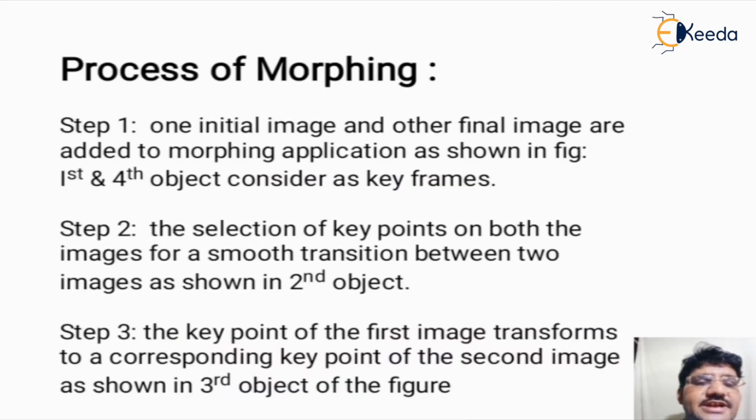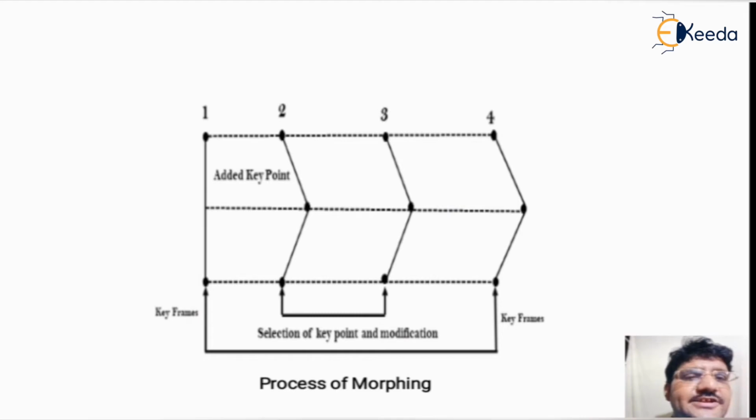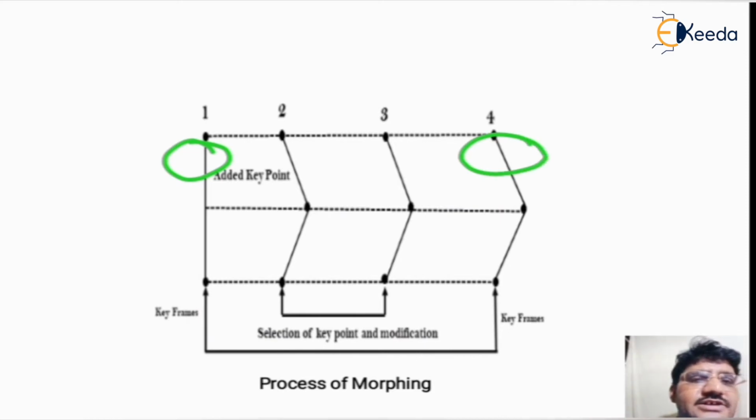Now in the next step, the key point of the first image transforms to the corresponding key point of the second image, as in the diagram, the third object. Here we can see there are two keyframes. The first and fourth are the starting and end keyframes, and in the second we are adding a key point.